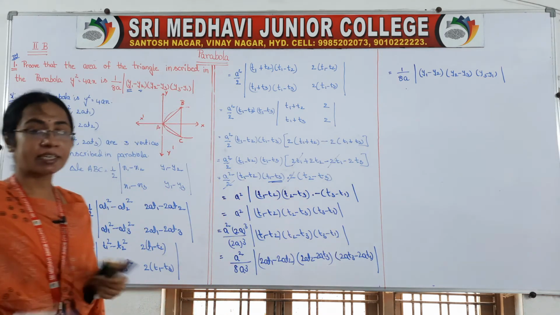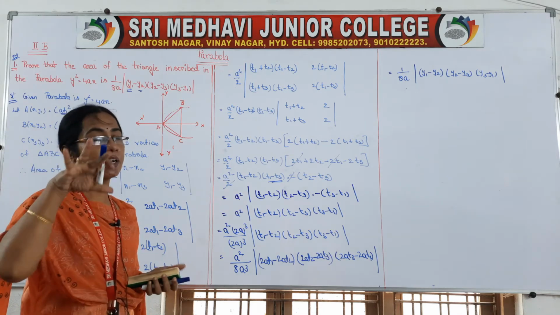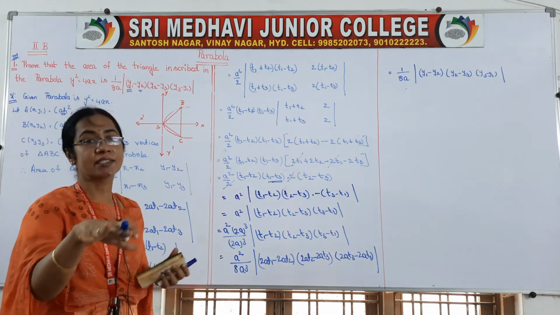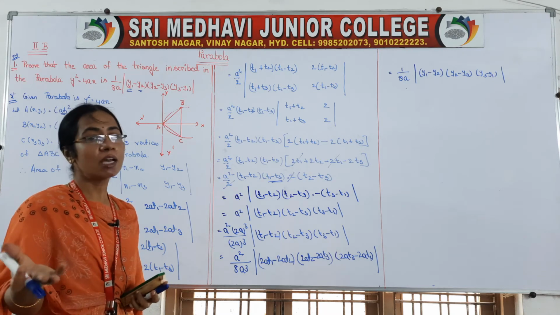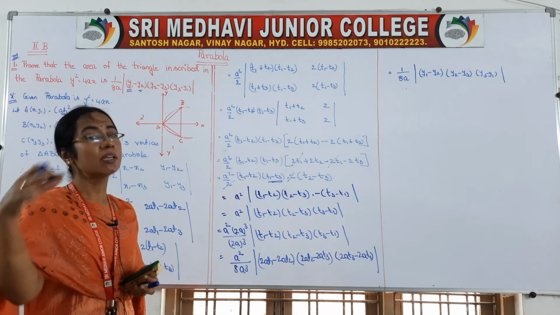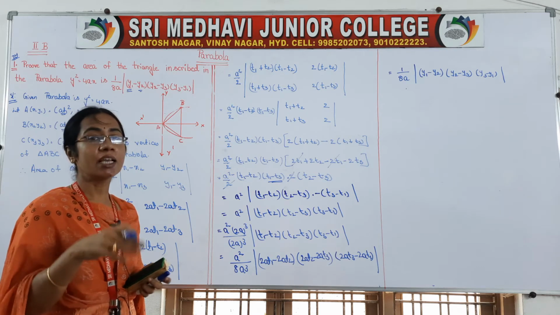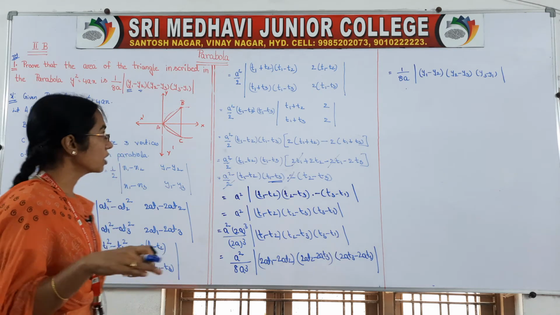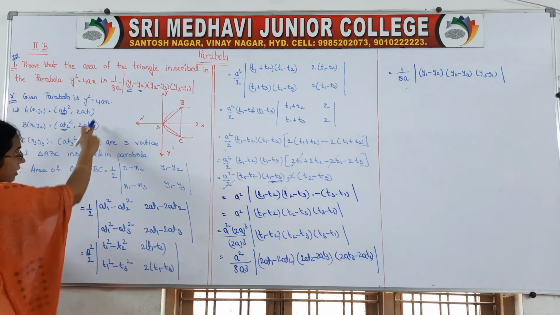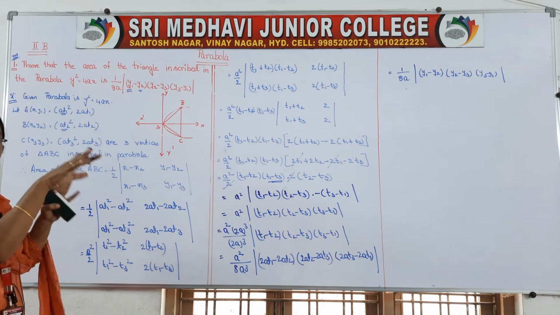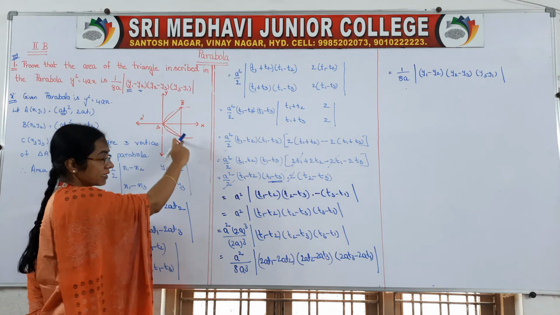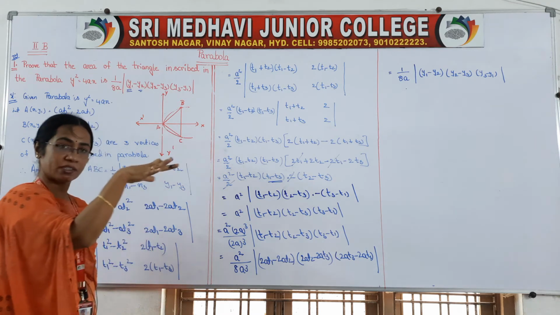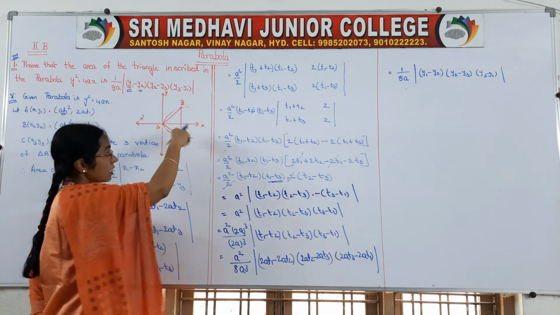One triangle is inscribed, that means it lies inside the parabola, or the triangle is surrounded by the parabola. Then find that triangle's area. Here we have taken the vertices. The points lie on the parabola, isn't it? All three vertices of the triangle lie on the parabola.